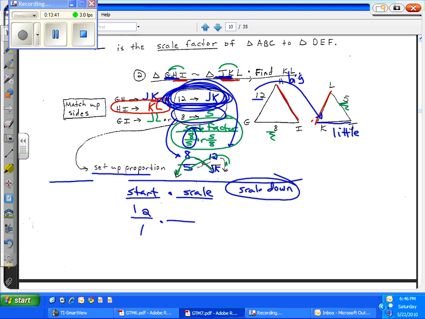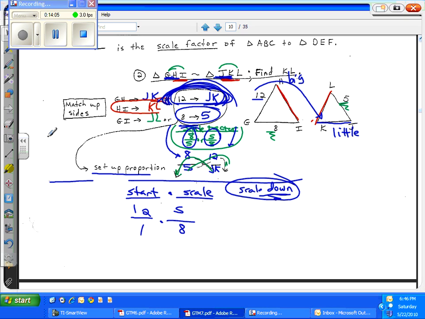Now, I'm either going to use a scale factor of 8/5 or 5/8, because the pair I knew was the 8 and the 5. If I'm scaling down, I need to get smaller, so I'll multiply by the smaller of the two, 5/8.